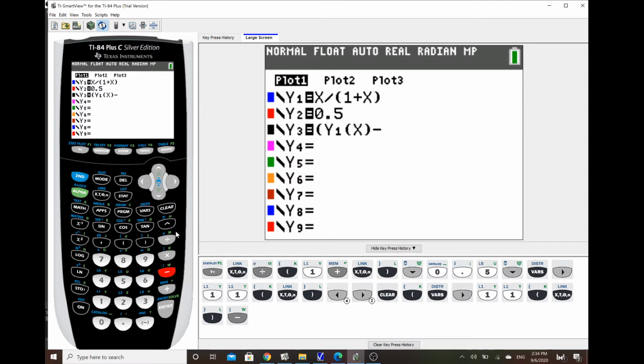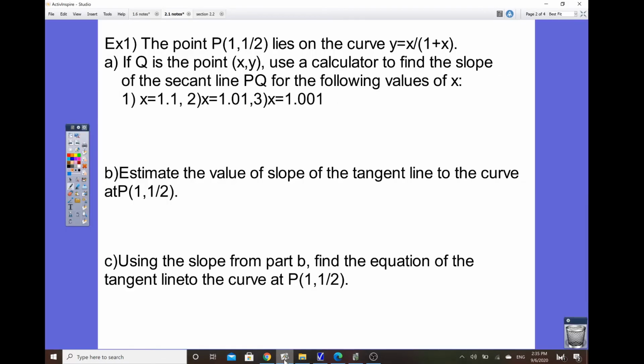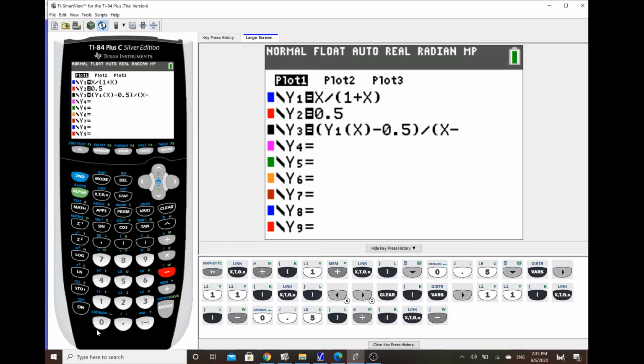So let's put in 0.5. Okay? Now you want to divide it by the quantity, so open parentheses, x minus, and for the initial x value, we just consider 1. Okay, so minus 1.